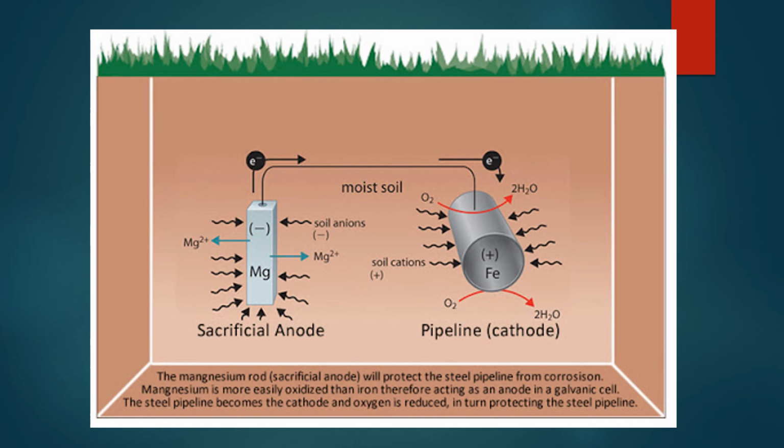Here's a last example of how a sacrificial metal can be used. In this one, it is protecting a steel pipeline from corrosion. Buried underneath the soil, we can bury a magnesium rod and connect it to that steel pipeline. Because we've got moist soil there, the electrons from the magnesium are going to be transferred over to the steel pipeline.